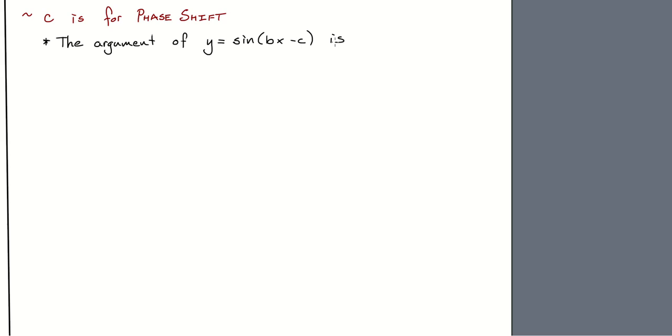Now, when we start to think about what this c value does to us, it's not on its own. The argument is bx minus c. Now, right off the bat, this changes the period. And I know that it changes the period because b is what changes the period, right? So I already know that there could possibly be a change in the period here.